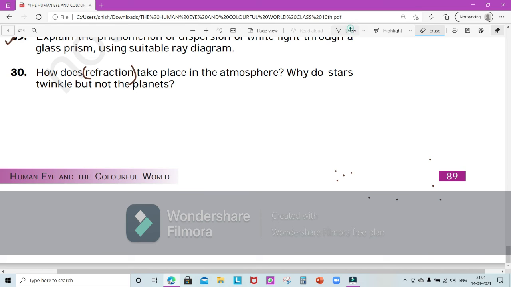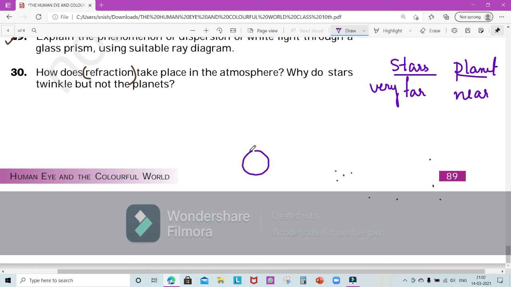So why do stars twinkle but not planets? The differences between stars and planets will explain the reasons as well. Stars are very, very far away from Earth. Planets are near enough by comparison.